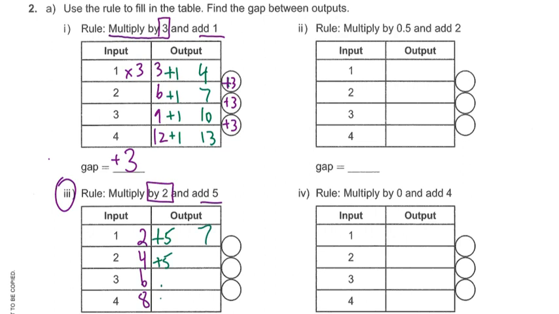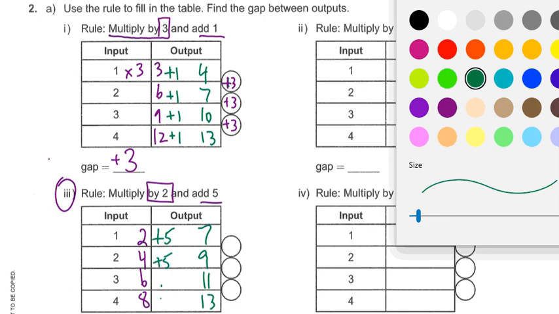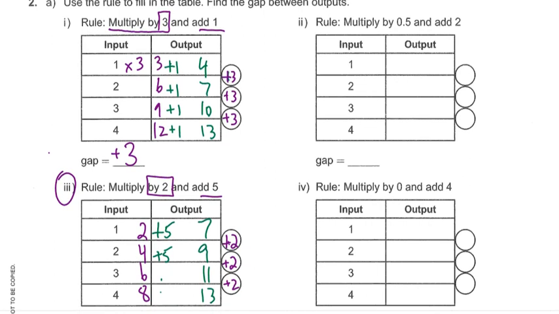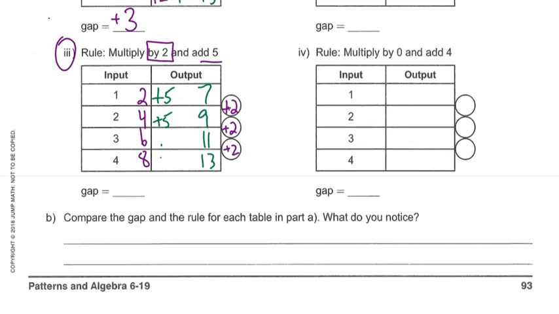We get 7, 9, 11, and 13. And what's the gap for each of those? 7, 9, 11, 13. The gap for each of those is plus 2. So we can write that in there. So scrolling down just a little bit, we see that the gap is positive 2.